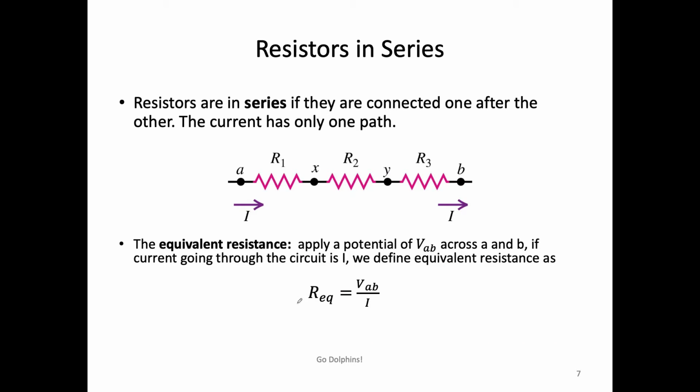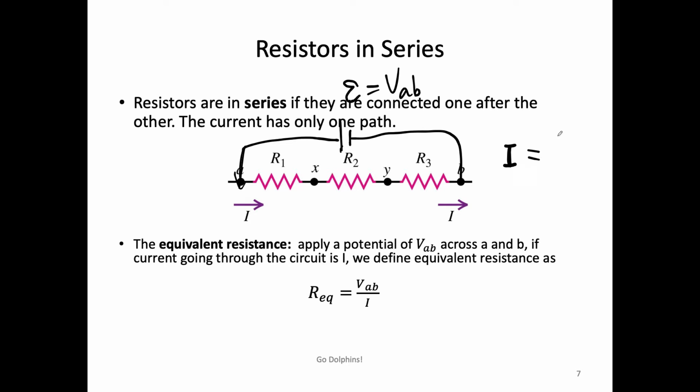And we want to know if you put some resistors in series, what will be the equivalent resistance, and how to define equivalent resistance. So basically, you connect R1, R2, R3 in series like this, and this is our battery. What we want to find out is, if you apply a battery which has potential VAB on R1, R2, R3 connected in series, what's the current going through point A?